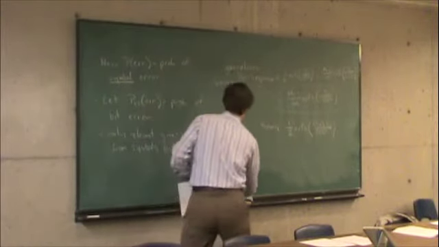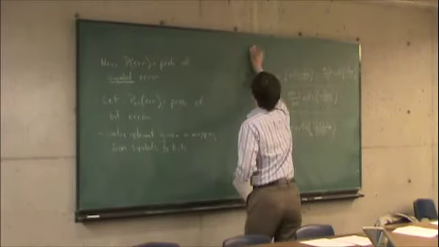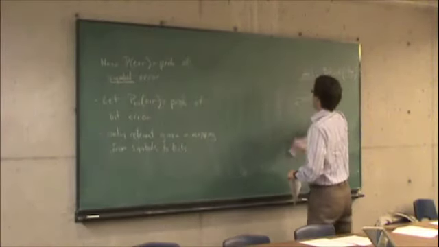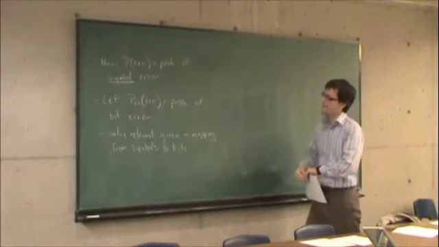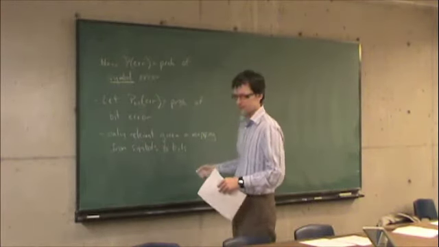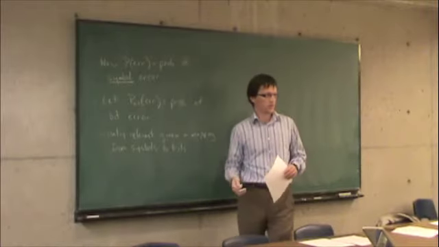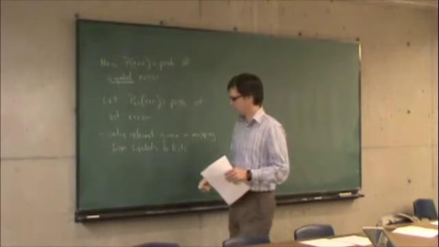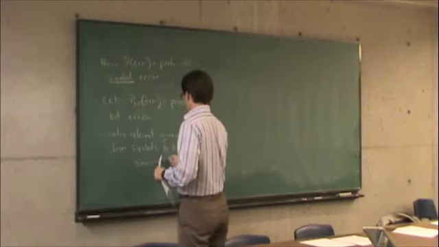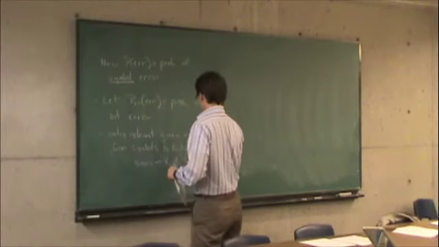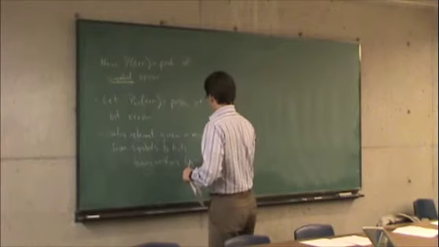So what do we have? We have a mapping from symbols to bits. I showed you an example a couple of classes ago. For instance, we could go from binary to 4-ary by grouping pairs.